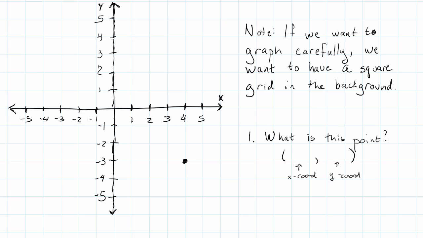Remember, the x-coordinate tells us how far to the left or right we are, how far we are along the x-axis. So we think about the vertical line coming up from this point to the x-axis, right? What we're doing is matching this point up with the x-axis, and we see that it matches up with x equals 4.